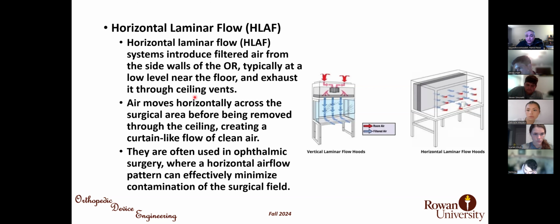So in surgeries where we don't have any strict rule, like obstetric ward, gynecology ward, and ophthalmic surgery, we use this horizontal airflow, and it is effective for these surgeries.